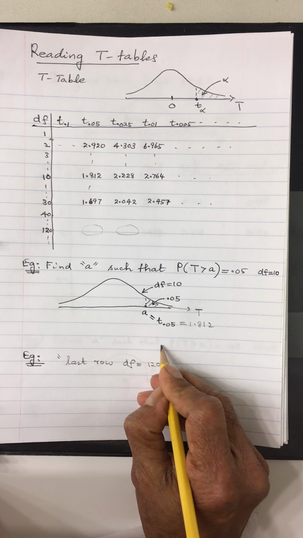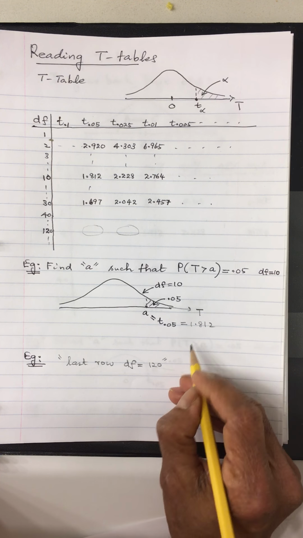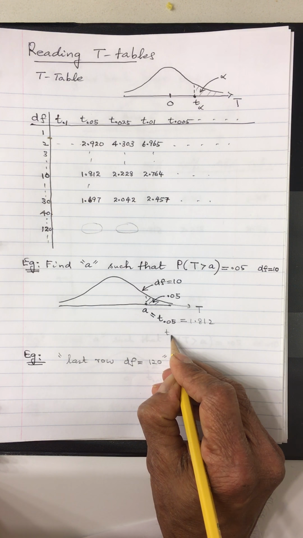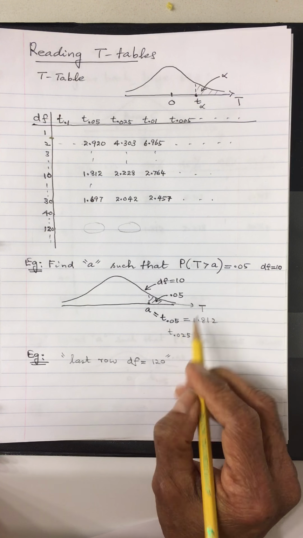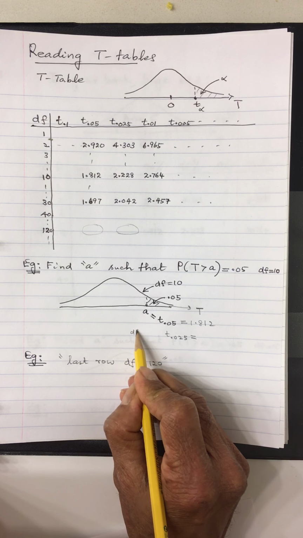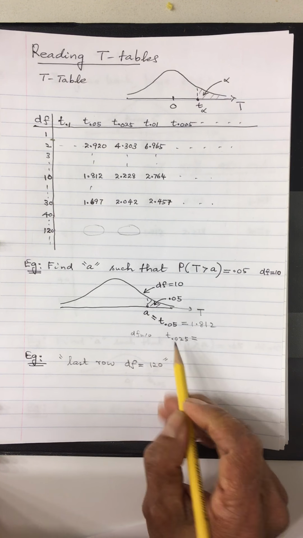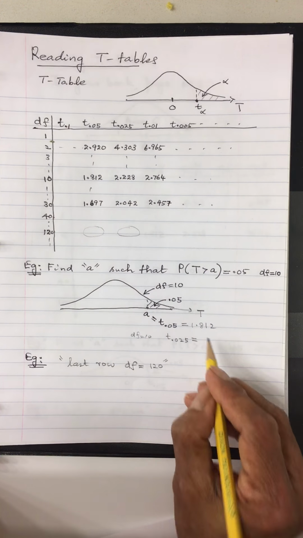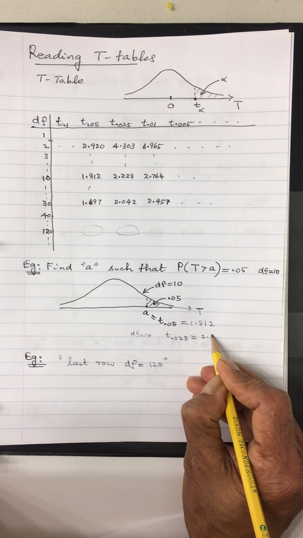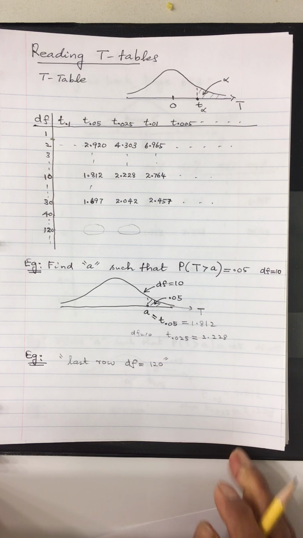Say for example you're looking at 0.025 with the same degrees of freedom 10. In that case, the value is 2.228.